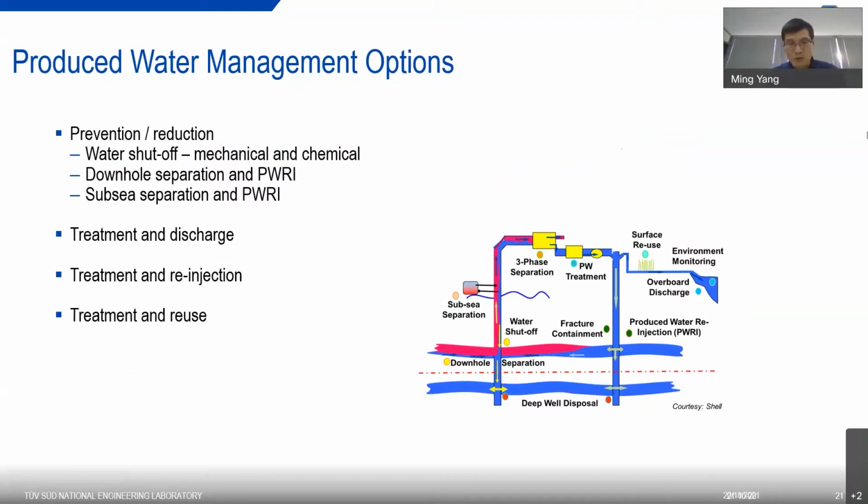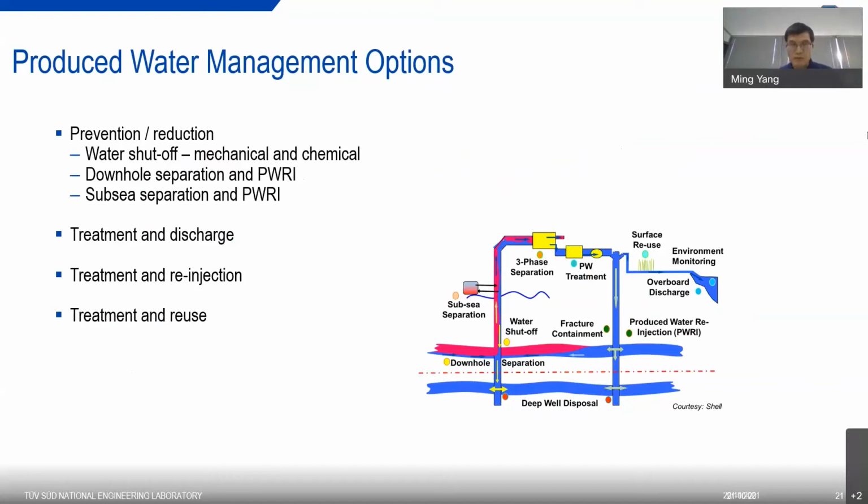If you cannot do those, then the water has to come to the surface, and you're looking at treatment for discharge, treatment for injection, and treatment for reuse. So if the water comes to the surface, treatment becomes critically important.